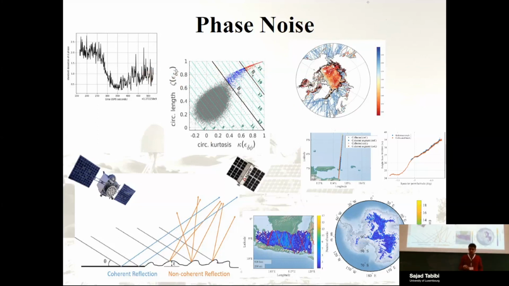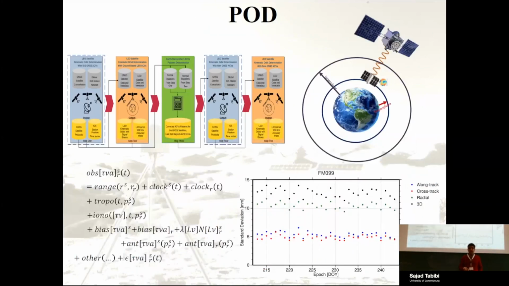Another step that is very important that we do is the precise orbit determination, because when we want to do that, we need to find the orbit of the GPS satellites and our flying platform. So we developed an algorithm here that we run in 5 different steps to improve and correct for troposphere and ionosphere, and find the location of the GPS satellite and the CubeSats, and then we find the specular reflection point on the Earth.